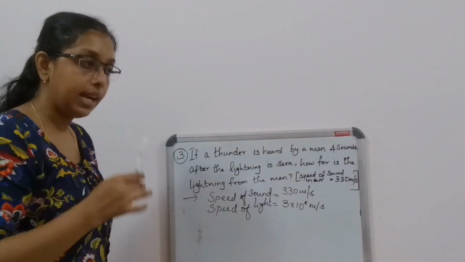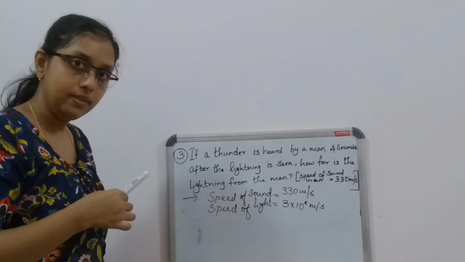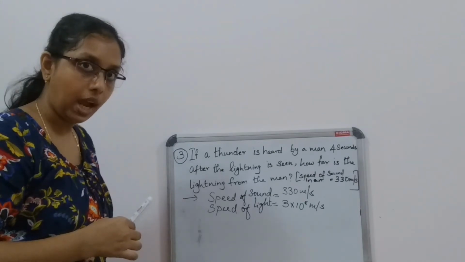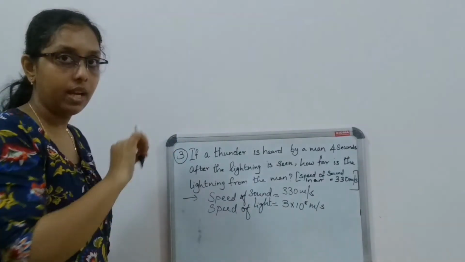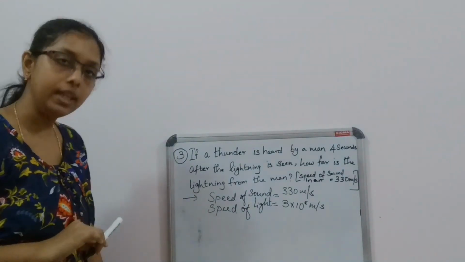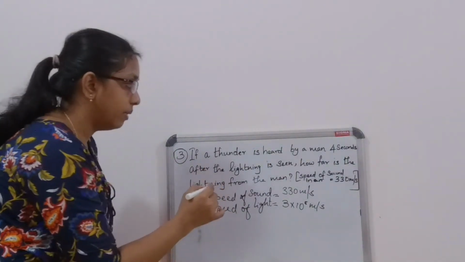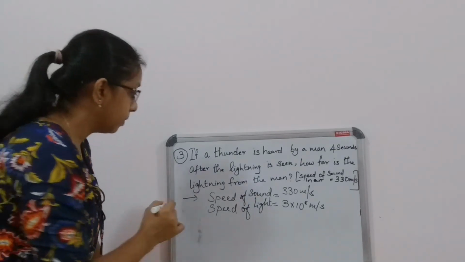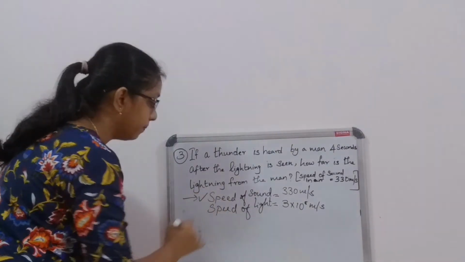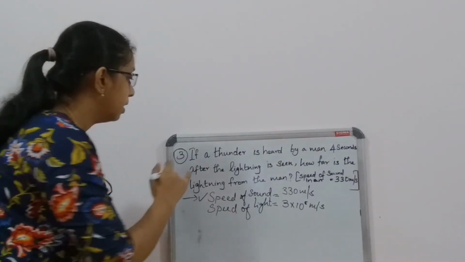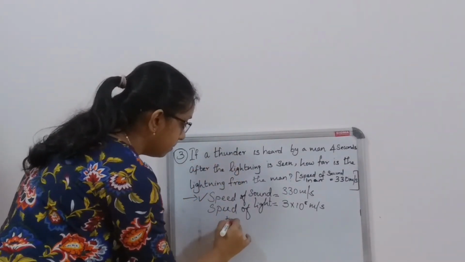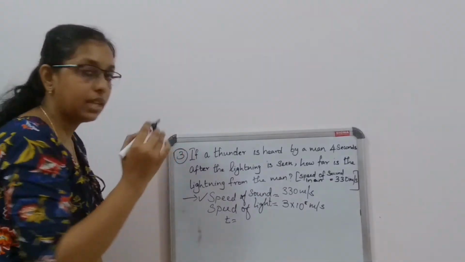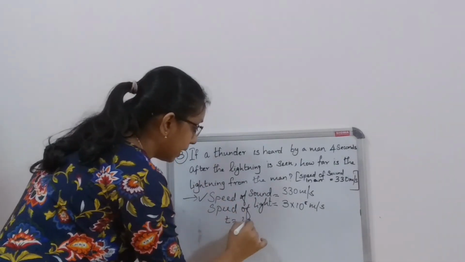That means they are asking the distance between the man standing on the ground and the lightning happening there in the sky. Okay. So what is given here? Speed of sound in air. Speed is given here. Next, they have given the time, 4 seconds.